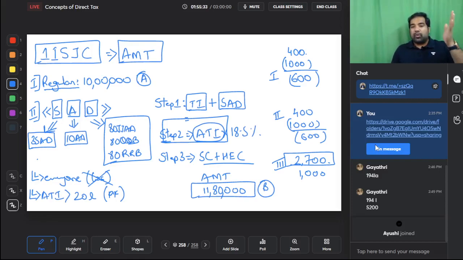That means when you take your total income and you add the SAD deductions, only if that is more than 20 lakh, then this AMT calculation will apply. But this limit of 20 lakhs does not apply to partnership firms. So in case of partnership firm, even if it's 18 lakh, then AMT will apply. Guys, this is alternate minimum tax. Very interesting concept, and we will check it in the Computation of Income chapter.